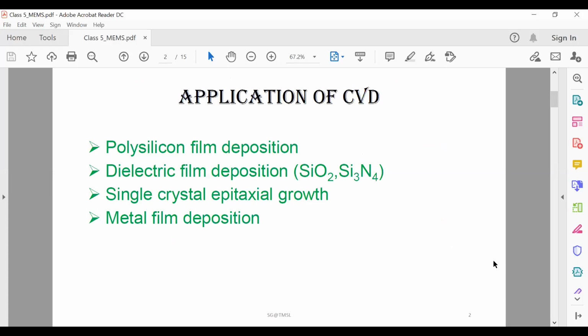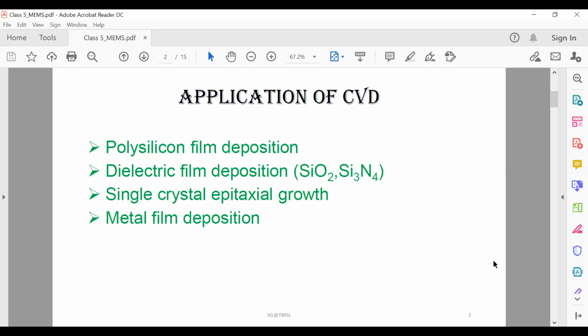Now what kind of materials do we use in the CVD technique? One is polysilicon film deposition, polycrystalline silicon, which you can get using the CVD technique. So that is one application.